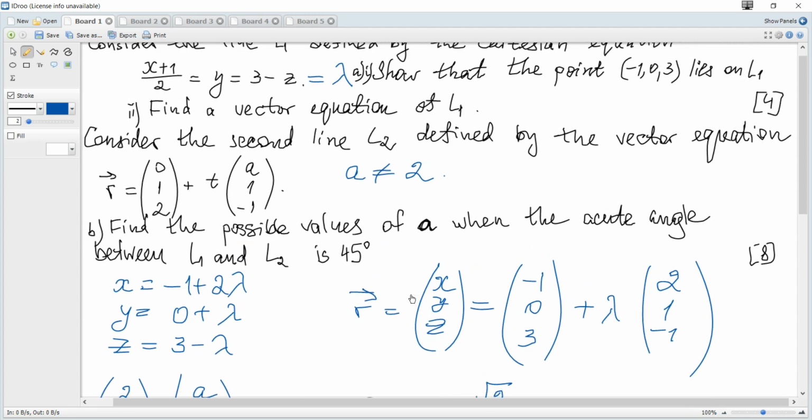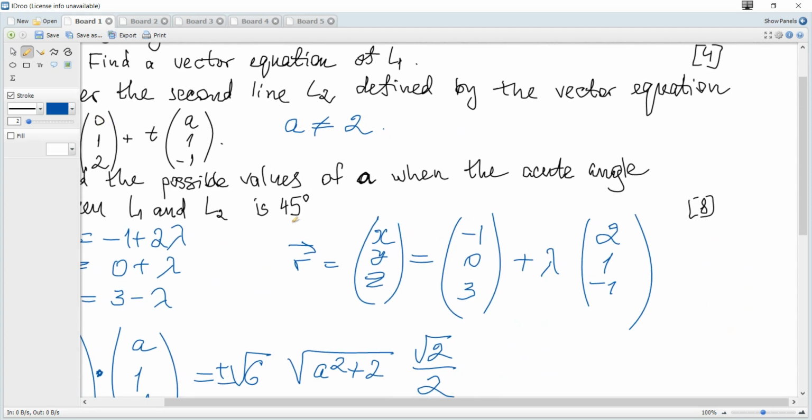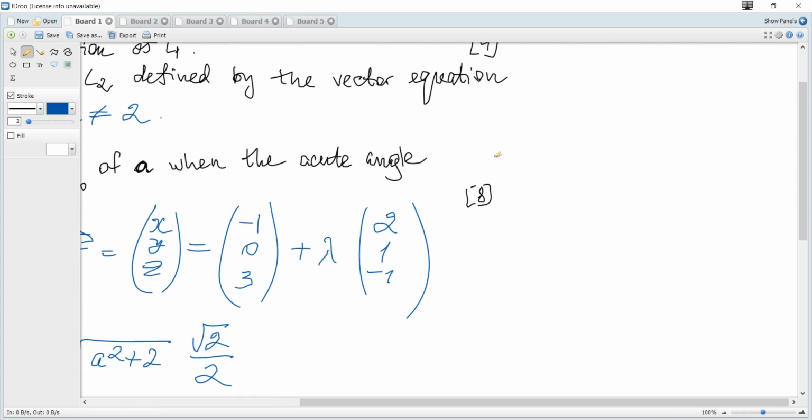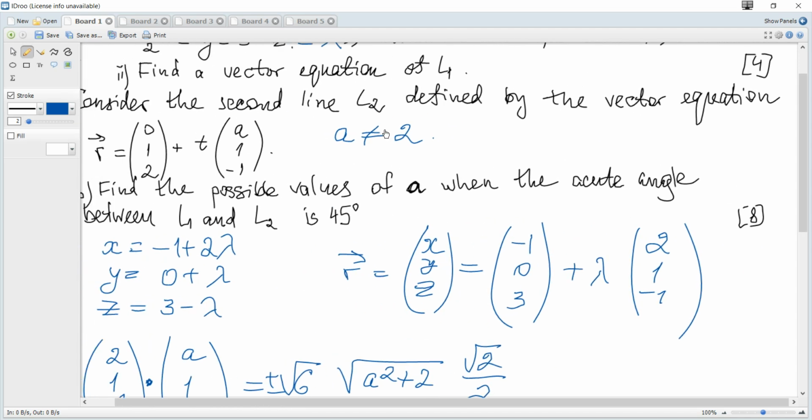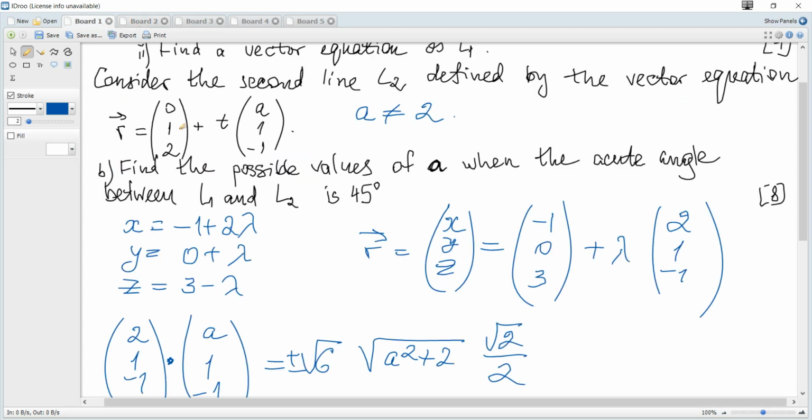So we can write that at is equal to negative 1 plus 2 lambda, 1 plus 1t is equal to lambda, and 2 minus t is equal to 3 minus lambda.